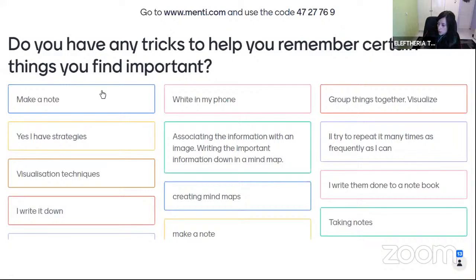So again, visualize. We have 3 people talking about visualization, making something visible. We're creating a mind map, repeating a lot of things. I think we're pretty much done. We can come back to it later if we have more answers. I'm going to move on to the second question now.